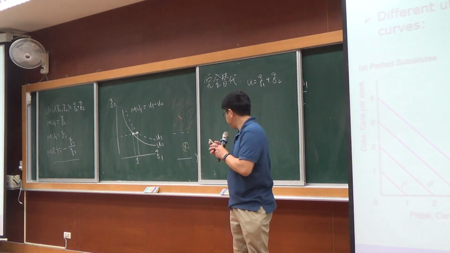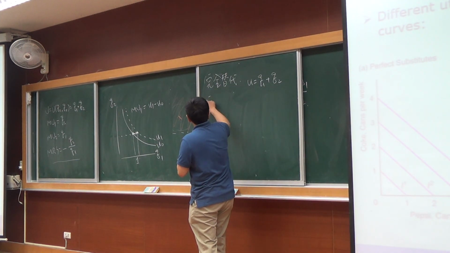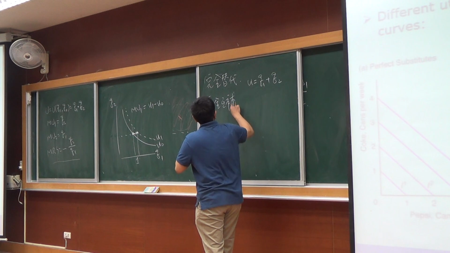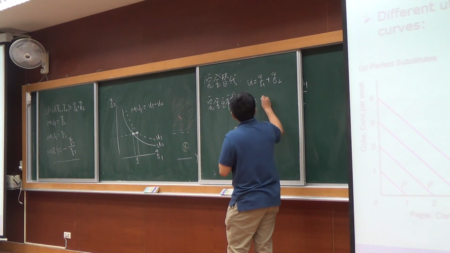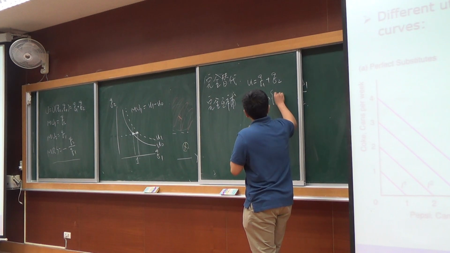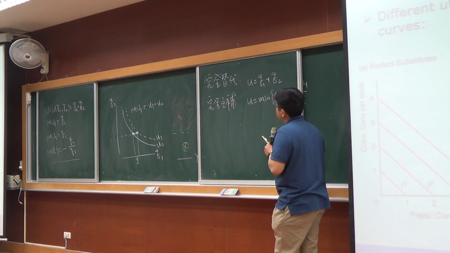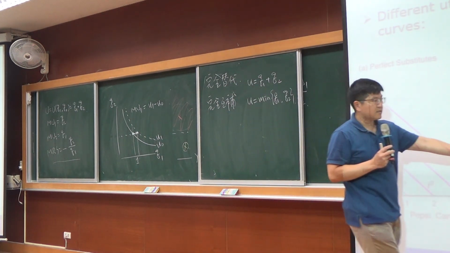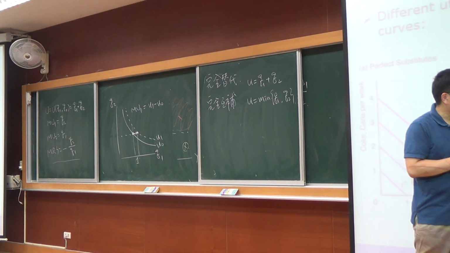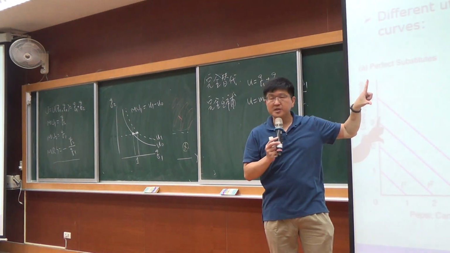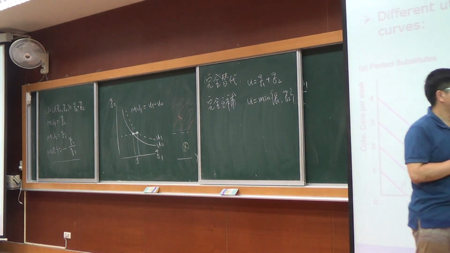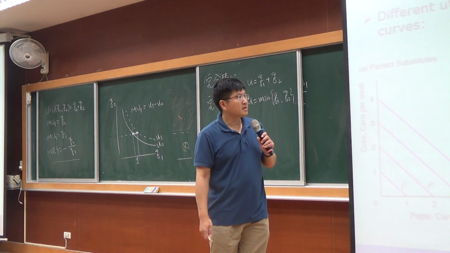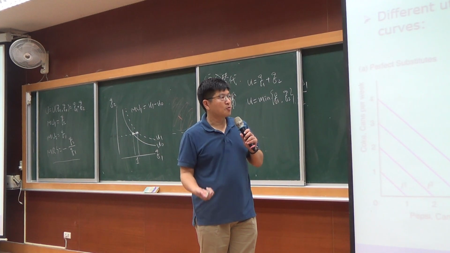And perfect complement. It will look like this. They are L-shaped curves. And imperfect substitutes. It's a normal one.